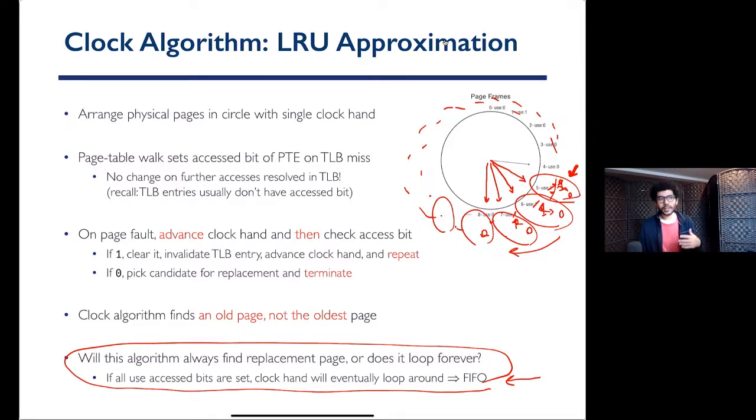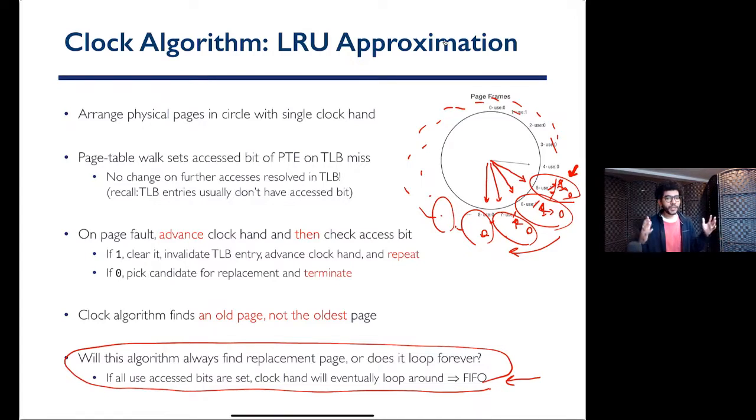So that's why it's important to give pages more chances, because that gives us an opportunity to compare pages that haven't been accessed for 2 rounds versus pages that haven't been accessed in 1 round versus pages that have been accessed in the previous round. So we have 3 categories.